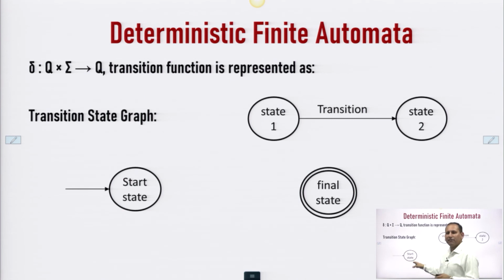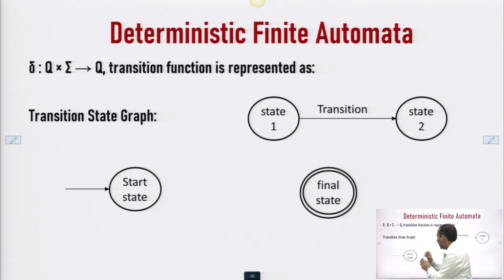So, every DFA will have a start state. This is the formal symbol for the start state, and the start state is always represented by an arrow going into the state. If we draw an arrow into a state, it means that that particular state is a start state.